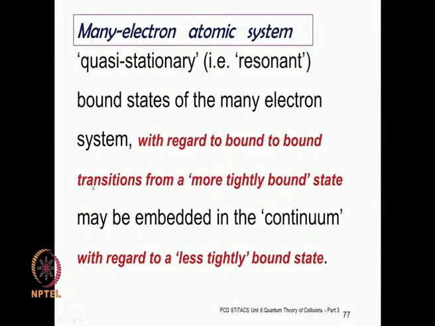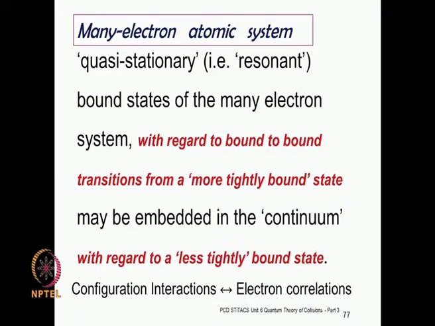So, whenever you have such bound to bound transitions, you can have a bound to bound transition from a more tightly bound state, but if this part of the discrete spectrum is embedded in the continuum of a less tightly bound electron, then you will have a resonance, because again you have two possibilities, and once again you can think about it in terms of the Young's double slit, that you will have interference between the two alternatives.